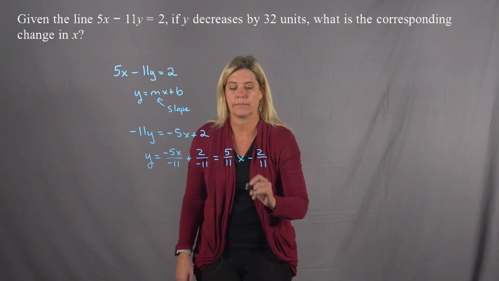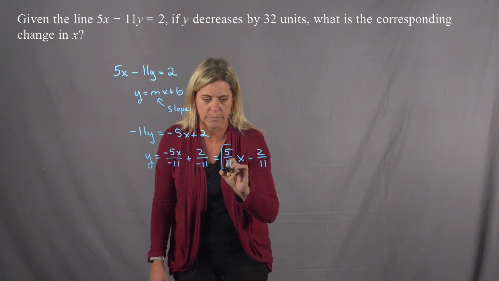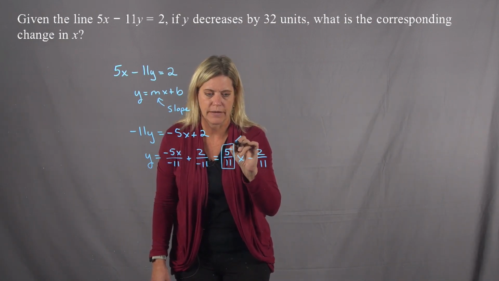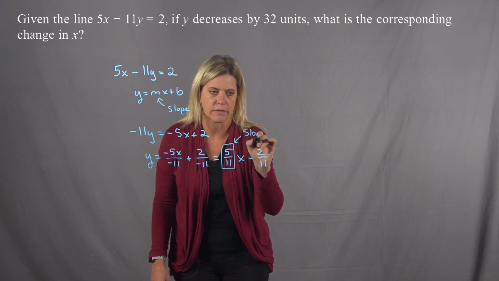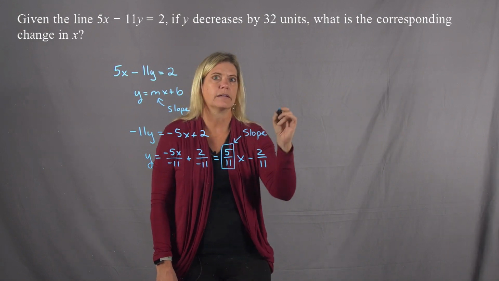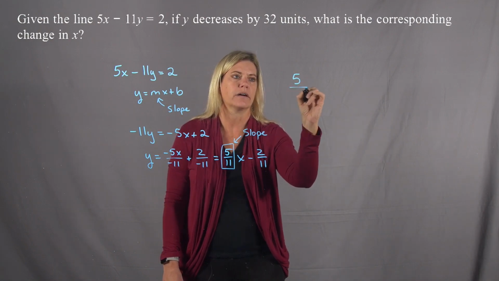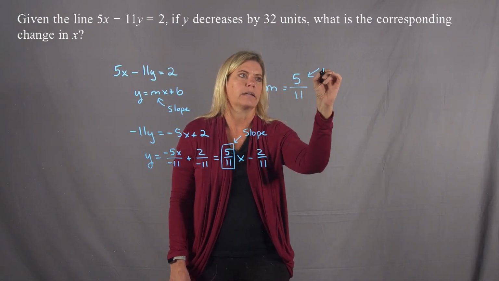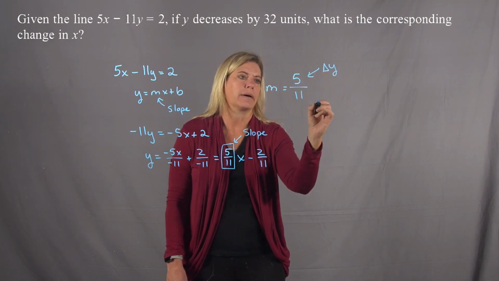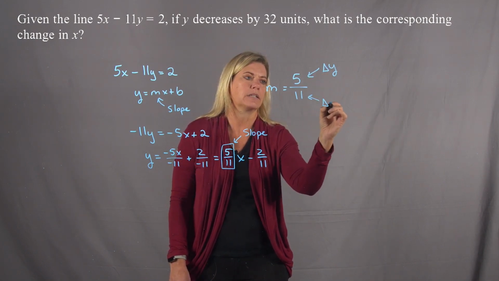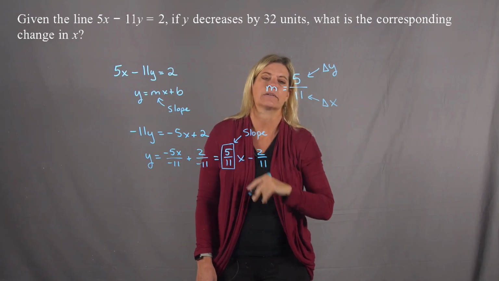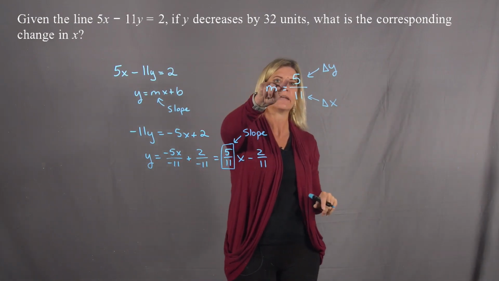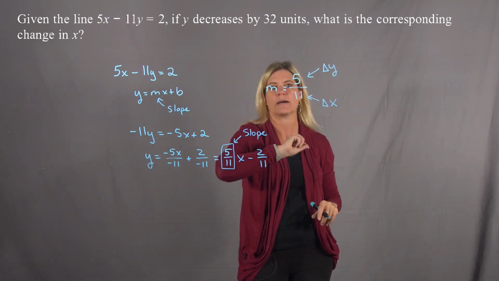But for this problem, I just need to know that the slope right here is 5/11. Because what that tells me is that when we have a slope of 5/11, when y changes by 5, the corresponding change in x is an increase of 11. So when y increases by 5, x increases by 11.